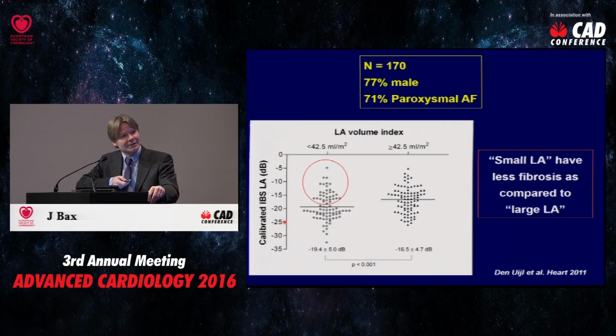You see here that this gets more in the direction of 0. But you immediately see also that there is a huge difference. You have some that are having very fibrotic left atria and some that are actually not having a lot of fibrosis. And so this gives us an extra idea that when the size gets bigger, you usually have more fibrosis, but not always. You can also have a small atrium where the function is already down and you still have a lot of fibrosis.